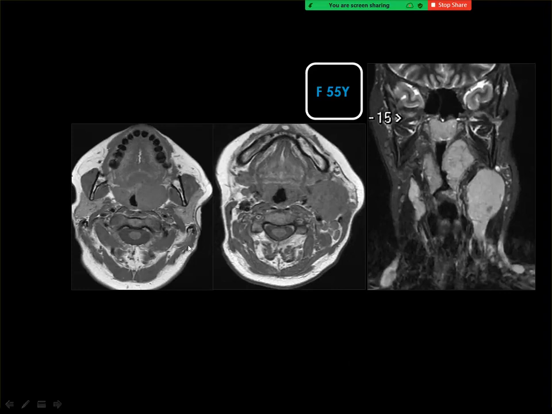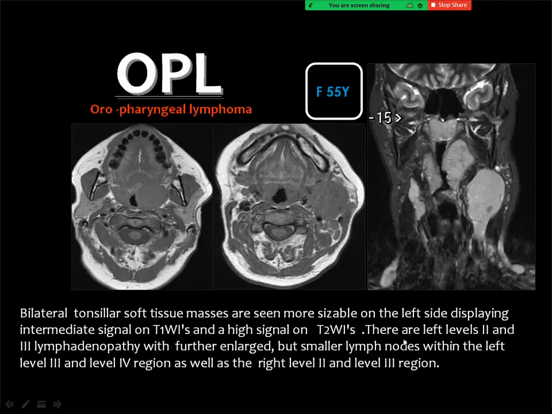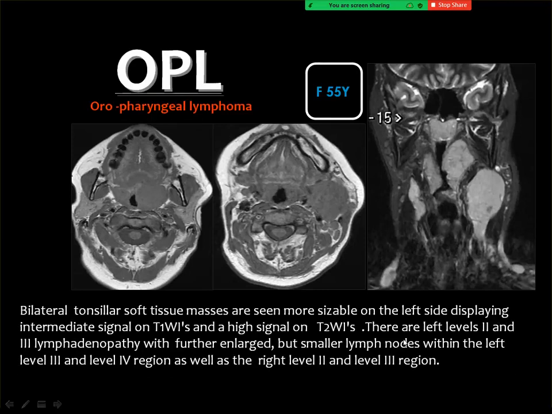All that you can see is that there is a big mass in the region of the tonsil on the left side, and you may appreciate another mass on the right side. And what is very important is a bulky lymph node on the left and other lymph nodes on the right side, and in the presence of a homogeneous mass and homogeneous lymph nodes, and the lymph nodes are bulky, you may think that you are dealing with a case of lymphoma.